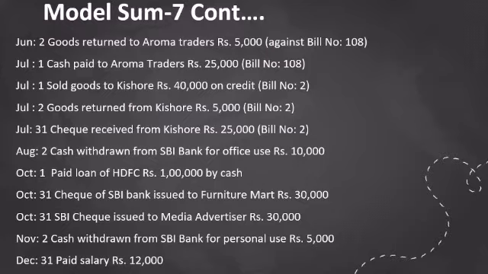After that on 31st October we are issuing the check to the Furniture Mart for the value of 30,000. Okay, on 31st October we are issuing the check for the value of 30,000, and on the same day also we are issuing the check to media advertisers.